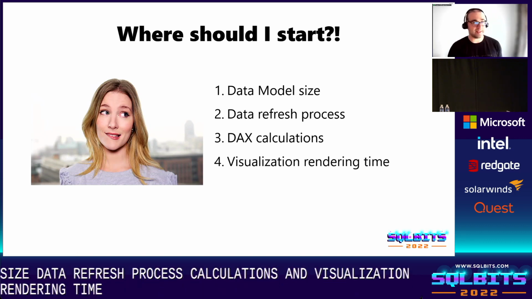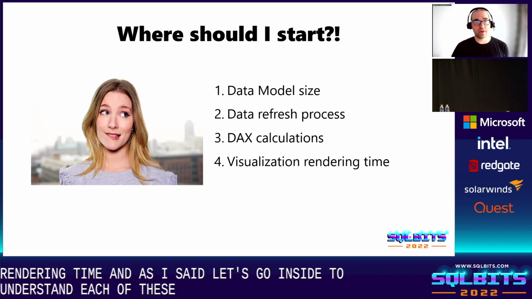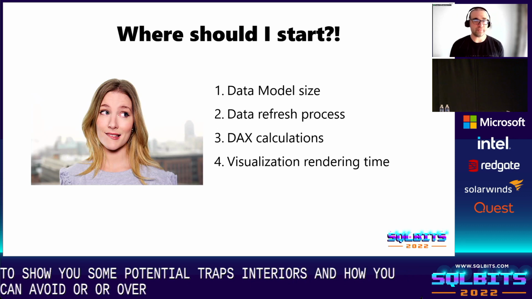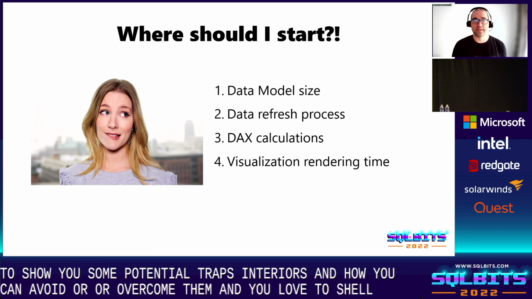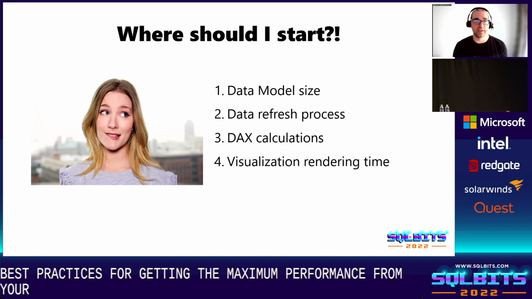And as I said, let's go and try to understand each of these subtopics in more depth. We want to show you some potential traps and caveats and how you can avoid or overcome them. And we will also share some best practices for getting the maximum performance from your Power BI report in multiple different scenarios.